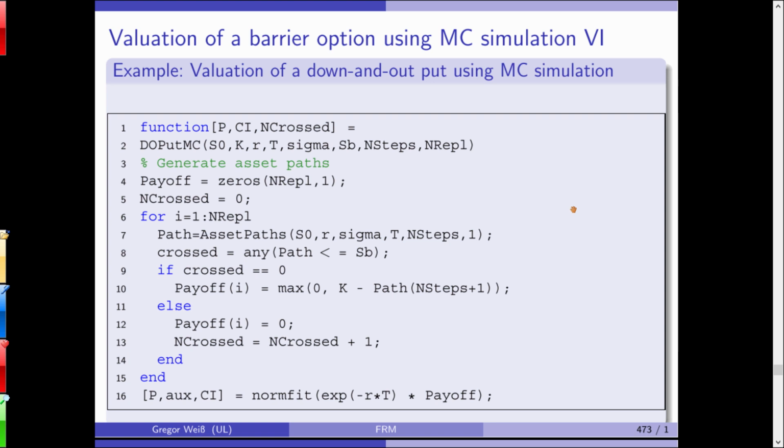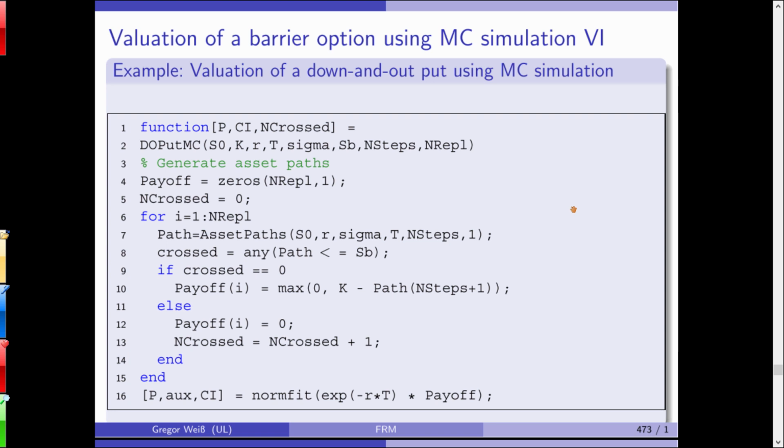Okay, I have to explain this. Let's go through this program line by line. First of all, we're interested in the price and the confidence interval, but now also in a number N cross. We'll later on see what N cross is. We have all those input parameters, and we generate our asset paths. We start with N cross equal to 0 in line 5.